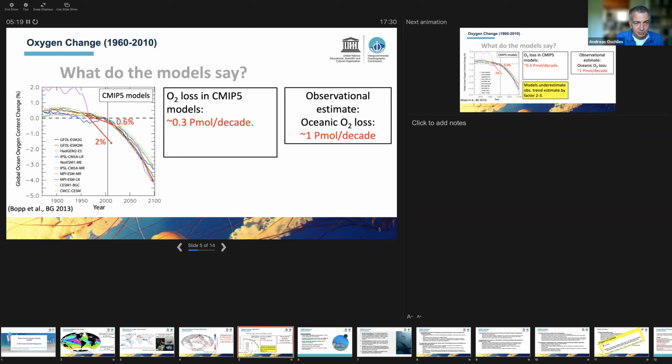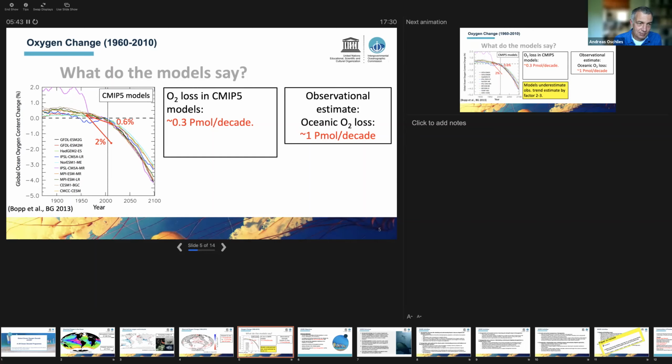Oxygen is closely related to carbon respiration, and therefore this might be a reason for some concern that carbon uptake by the ocean, as modeled by current climate models, might have systematic deficiencies compared to observational estimates.